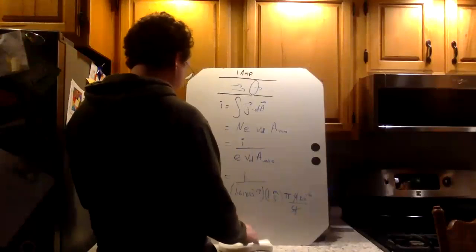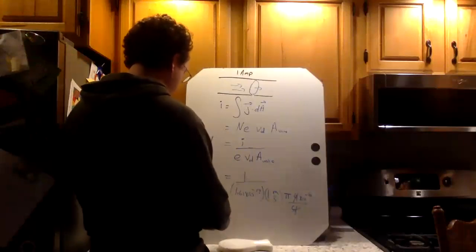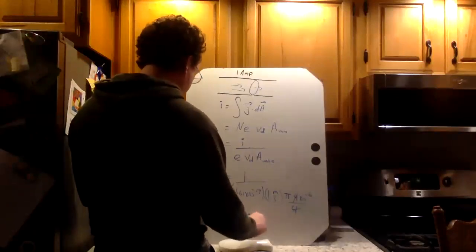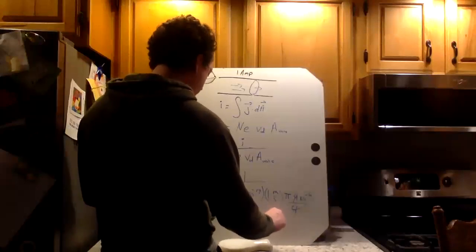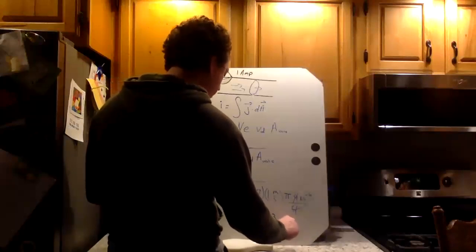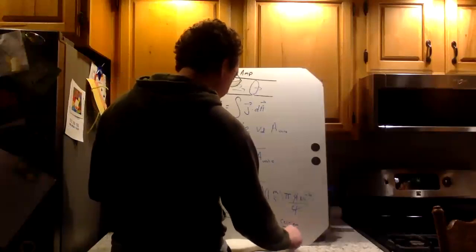And I get a number density of 1.96 times 10 to the 13, and that would be carriers per unit volume.